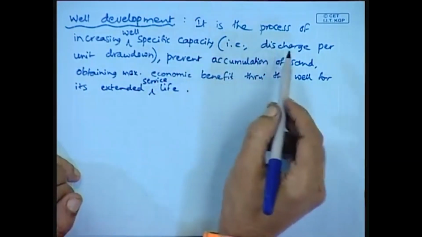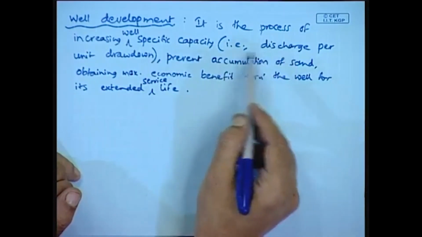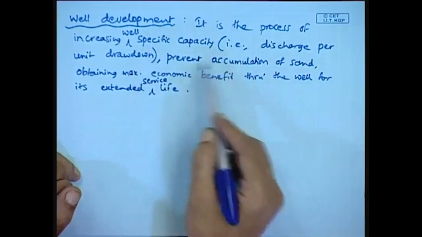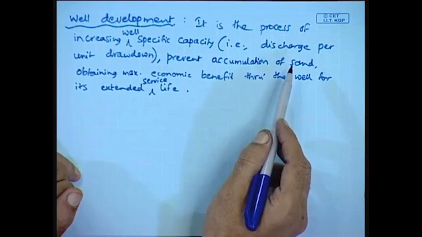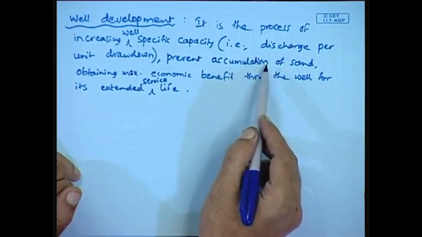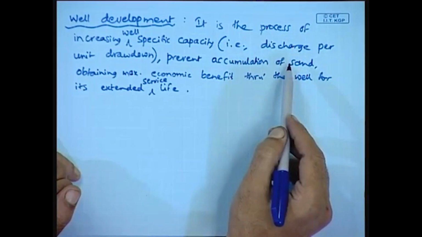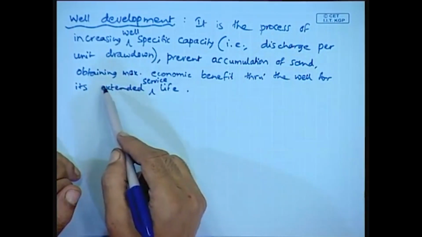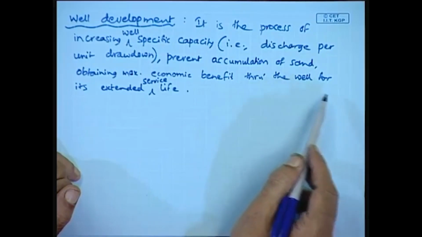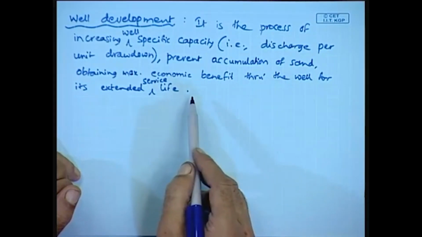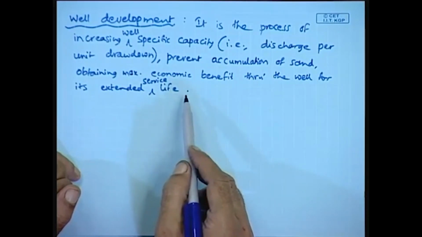So, all these things: firstly, increasing the well specific capacity, which means increasing the discharge per unit drawdown; preventing the accumulation of sand, because once the sand is accumulated, the well discharge will reduce; and next, obtaining the maximum economic benefit. That means quality groundwater should be extracted over an extended service life of the well.